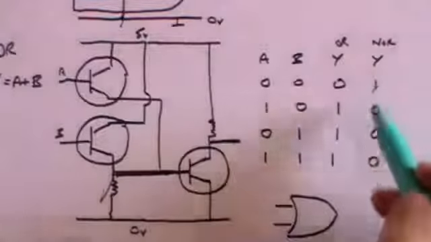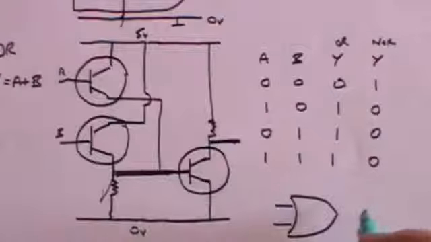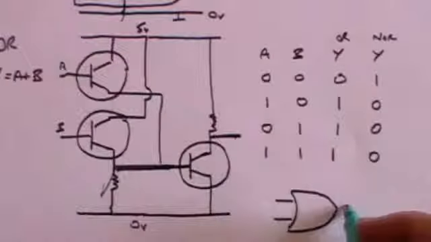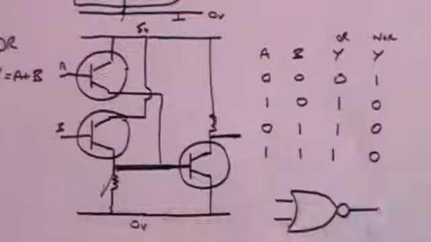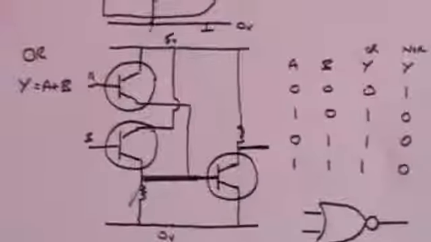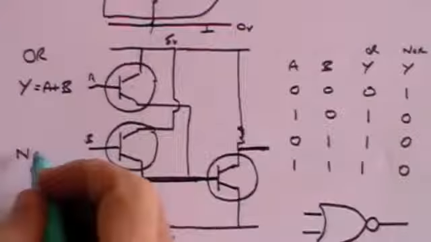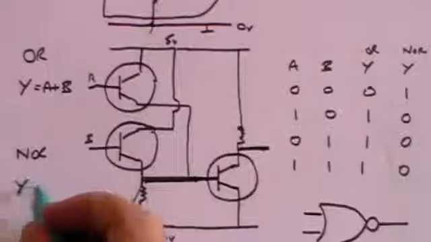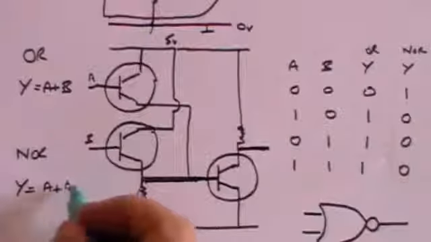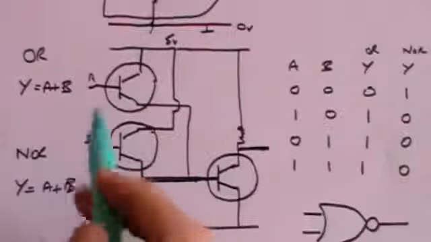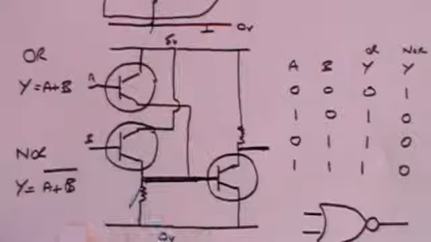And so you've now got a NOR gate, and a NOR gate symbol of course is the same as an OR gate, but you put a circle on it like that. And the representation of a NOR gate is Y equals A plus B, which is the same of course as the OR gate, but you put a line over the top.